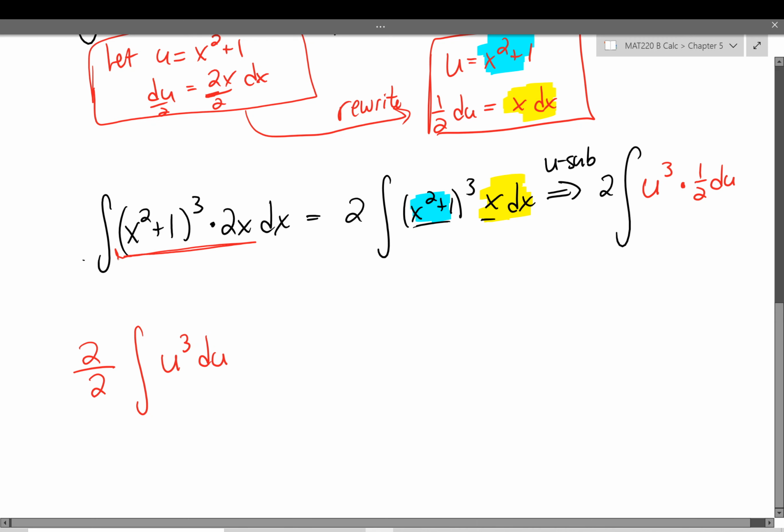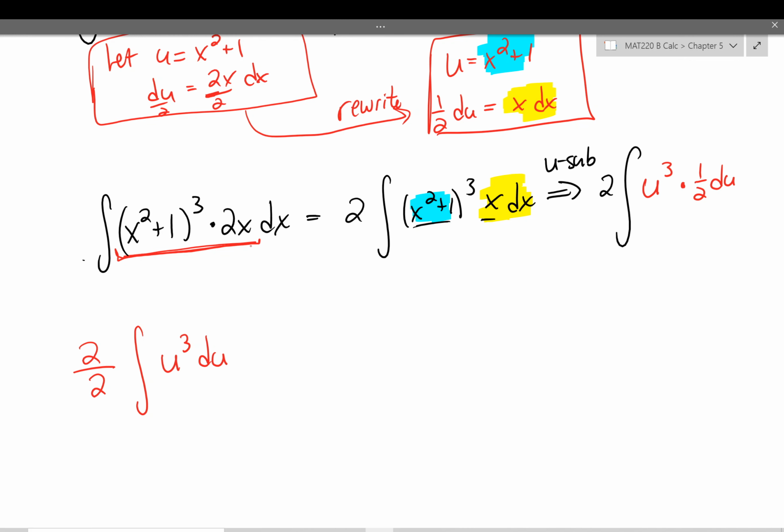This one, where you would have to multiply everything out, distribute the 2x, gather all your like terms, and then apply the power rule? Or, if you can recognize that you have this chain rule staring you in the face, you can apply U-substitution, which is very simple to do, and you rewrite your problem in terms of the letter u.